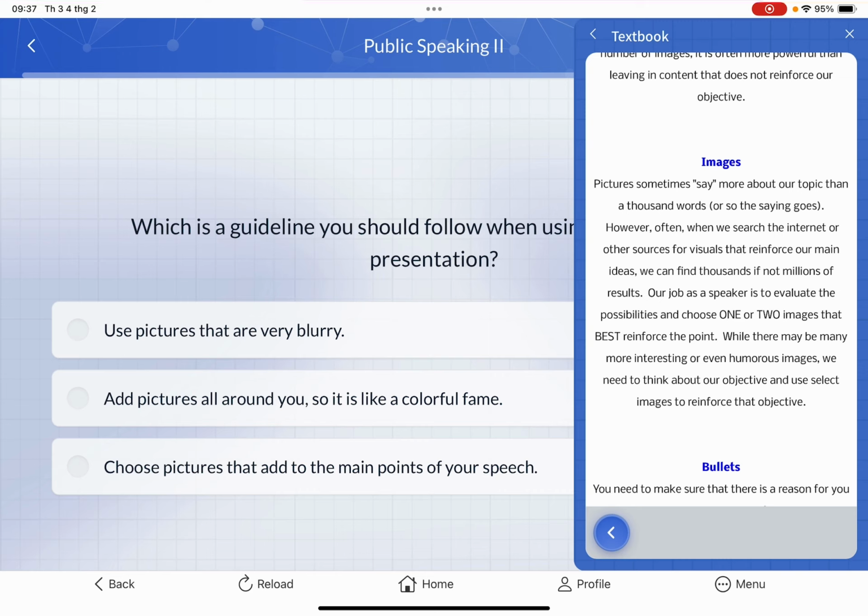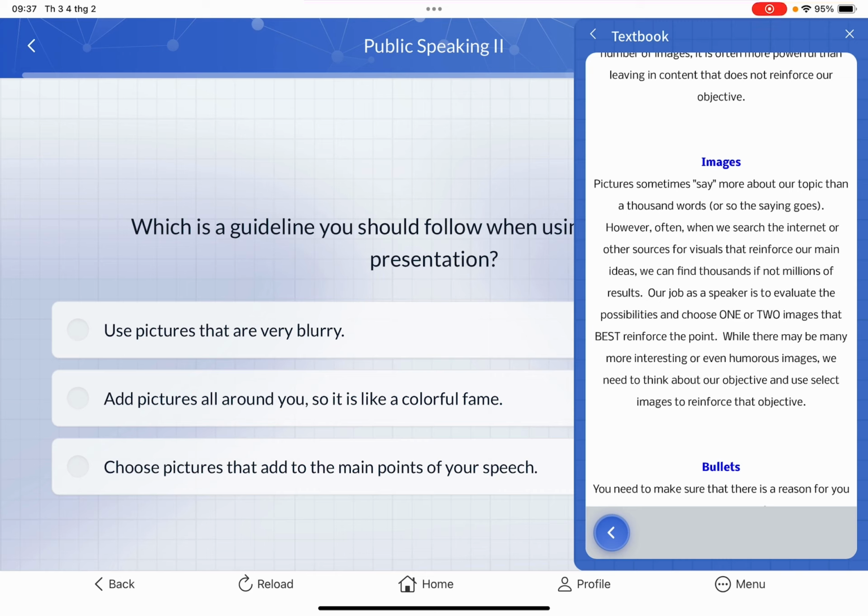Our job as a speaker is to evaluate the possibilities and choose one or two images that best reinforce the point. While there may be many more interesting or even humorous images, we need to think about our objective. Use selected images to reinforce that objective.